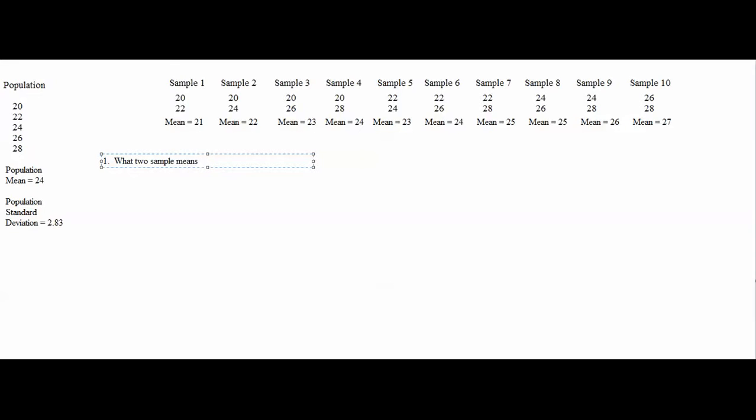What 2 sample means are at the boundaries of the middle 80% of the possible samples? It says 80%, but since I gave you 10 samples, 80% just means 8 out of 10. If I give you 10 samples, then 80% means 8 out of 10, 70% means 7 out of 10.